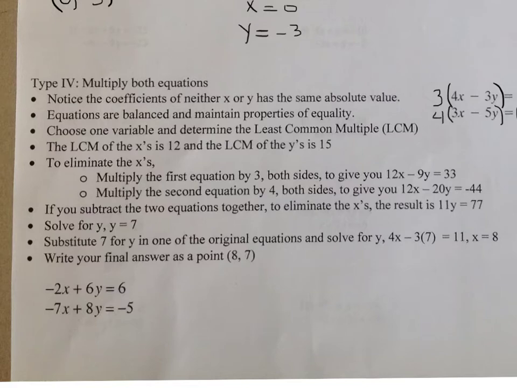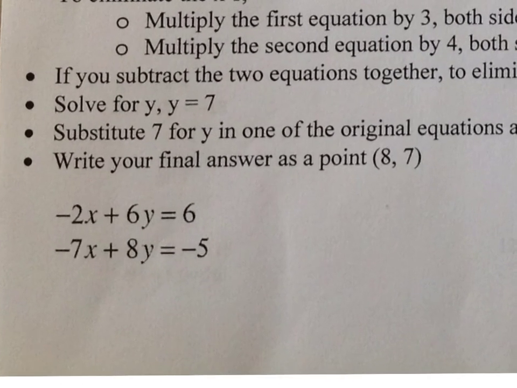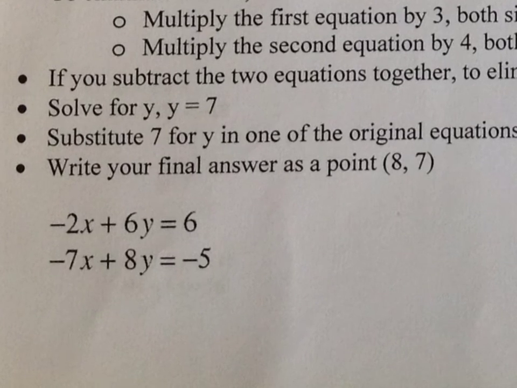All right, so let's look at this next one. What could we multiply the first and second equation by so that we have the same x or y values? So let's look at our y values.